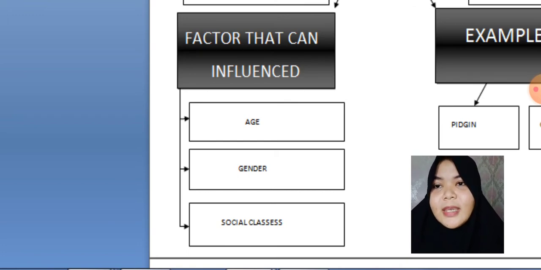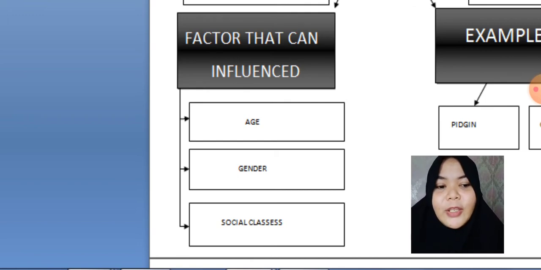And another example of age that influences language change is if you are a teenager and you are talking to your friend, you are using informal language.